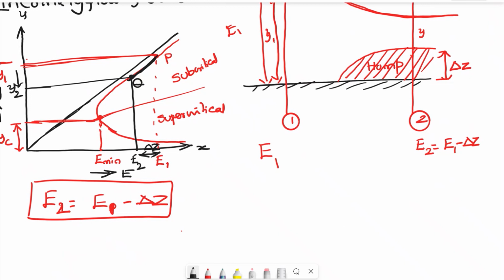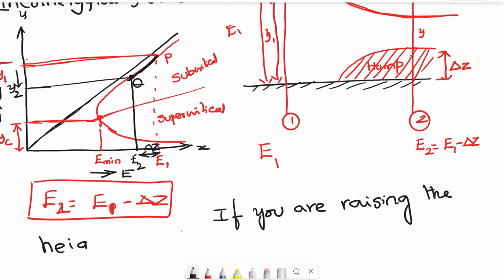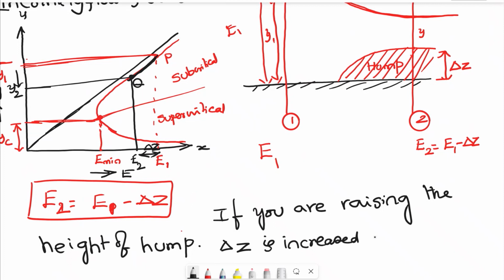For example, if you are raising the height of the hump, that means delta Z is increased toward delta Z maximum.